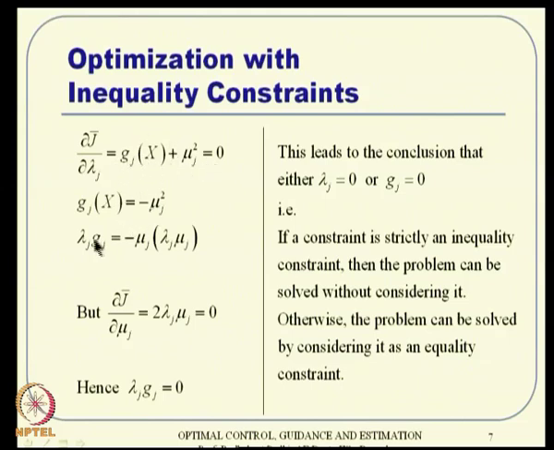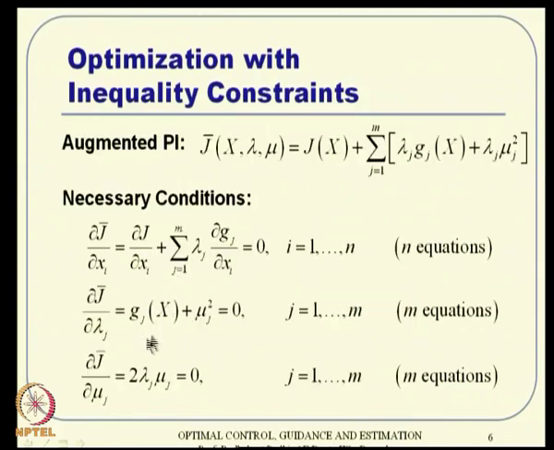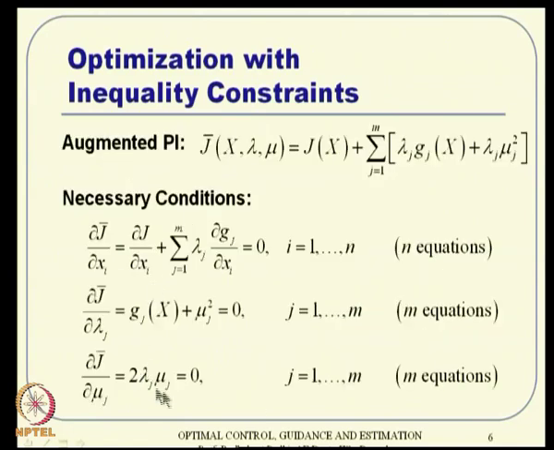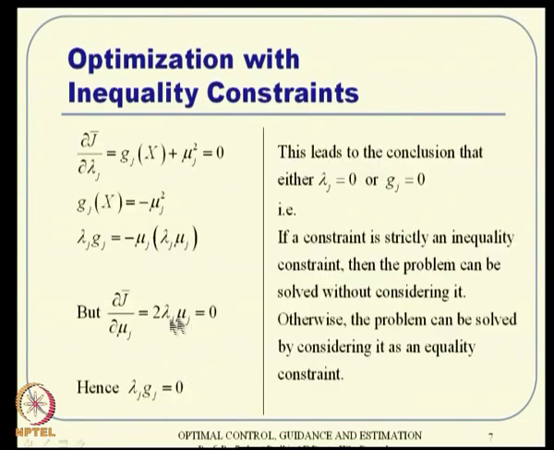Now, if I multiply both sides with lambda j, and remember that the third equation comes in handy, lambda j mu j equal to 0, this quantity is 0. Hence, lambda j into g j has to be 0.